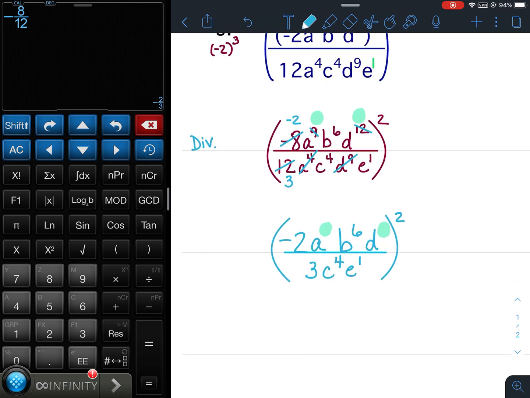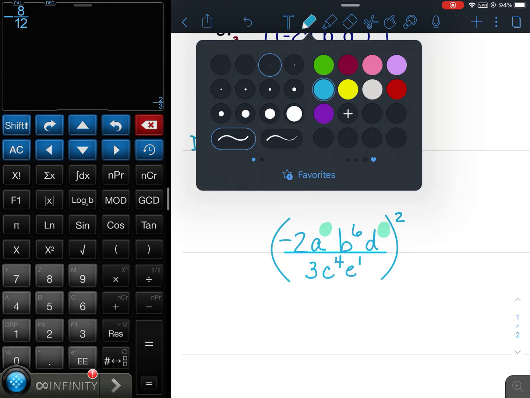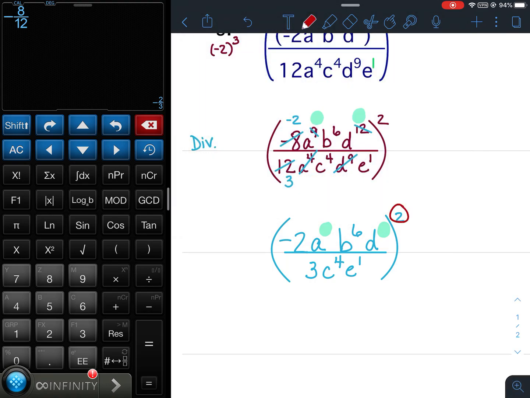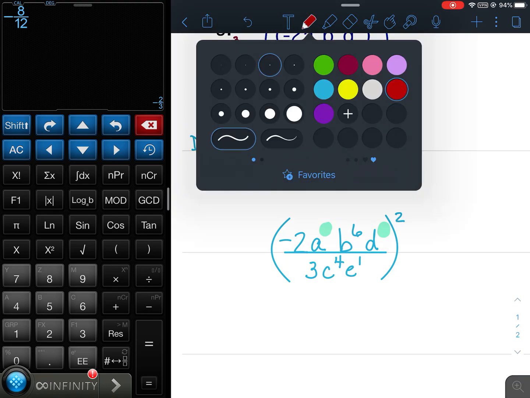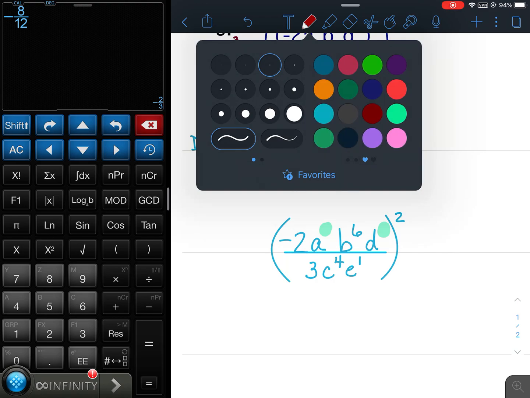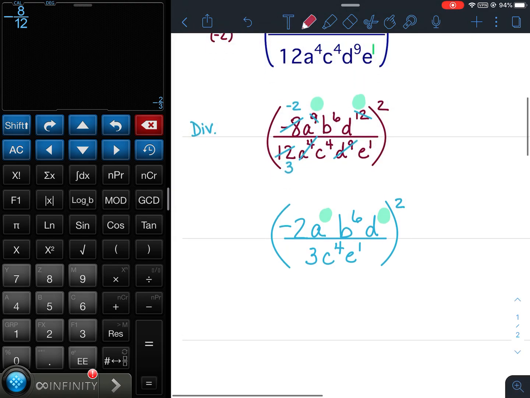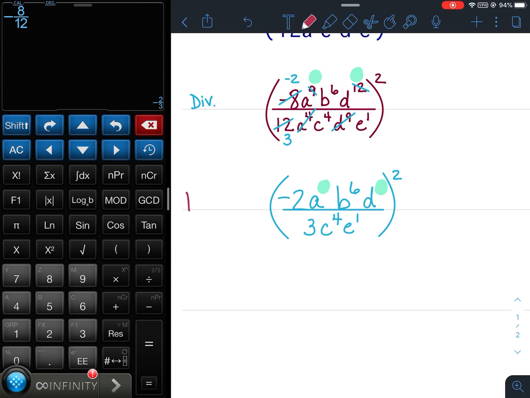Now that we've done everything we can on the inside, now we can take care of this exponent on the outside. So we need to do power of a fraction. I'm going to fix the top here just a little bit.